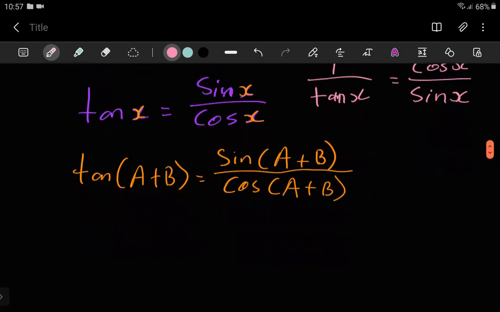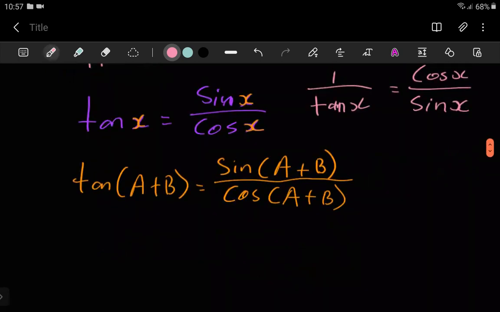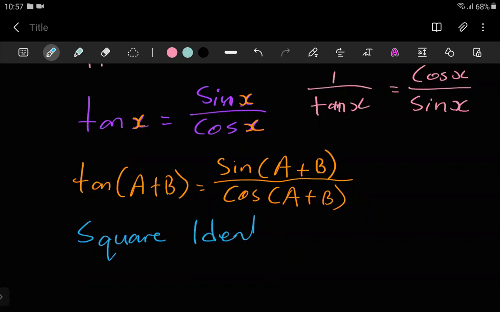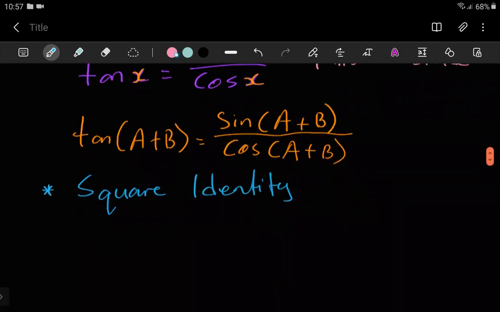One of the ones that I can mention is what we refer to as the square identity. Let me put here, square identity, and maybe put it in blue. The square identity looks as follows.